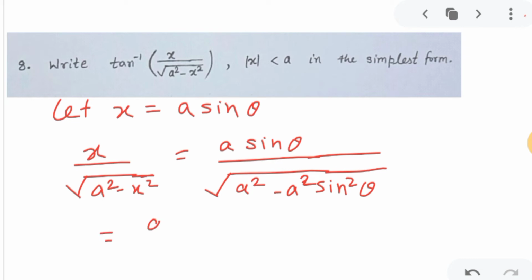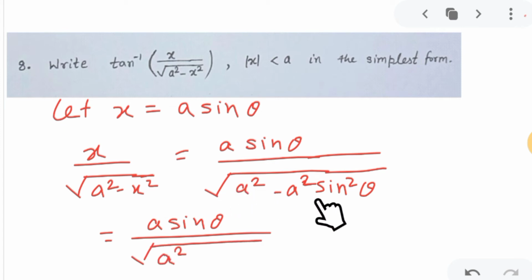If I simplify this, then the numerator is a sin theta, and in the denominator I can take a square common, and inside it will be 1 minus sin square theta.